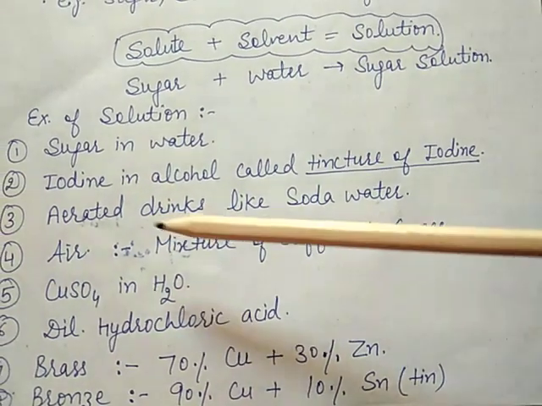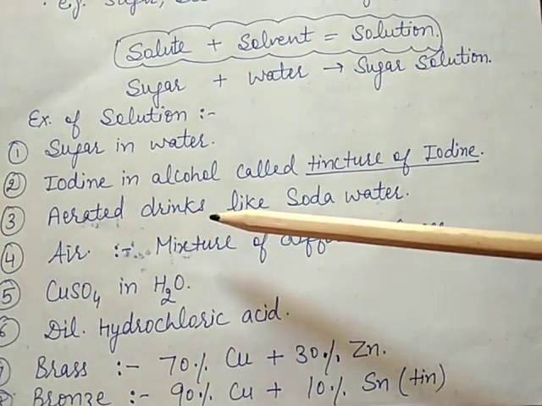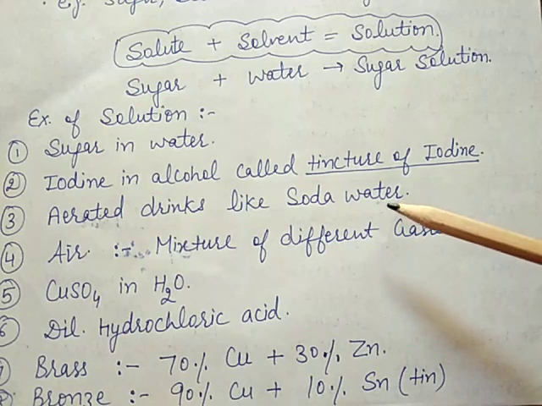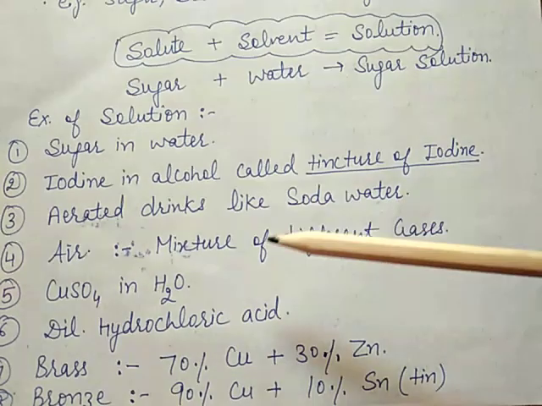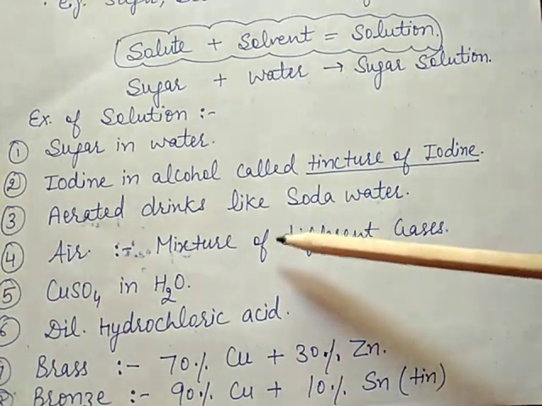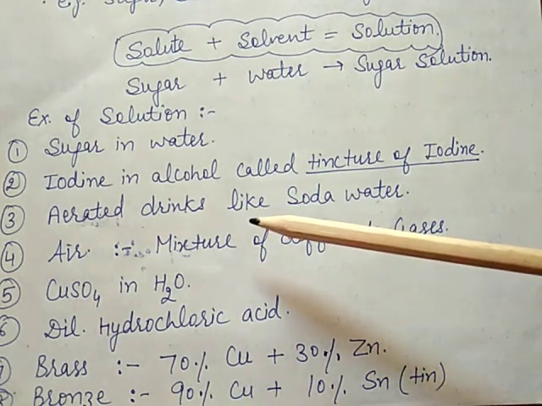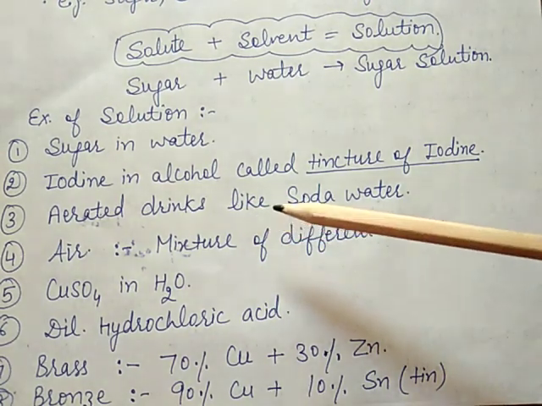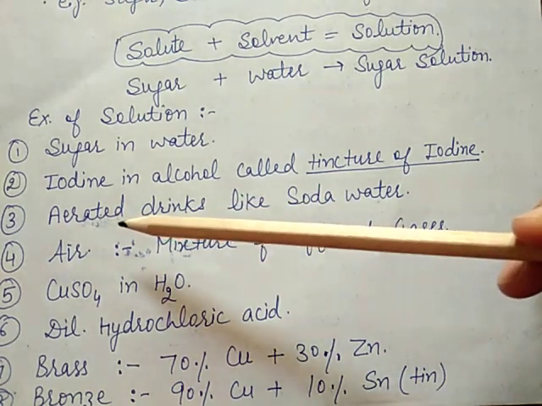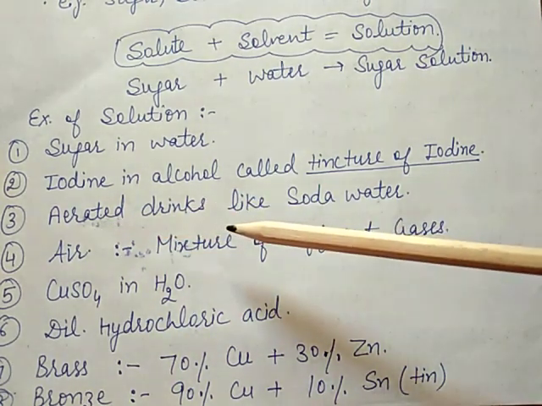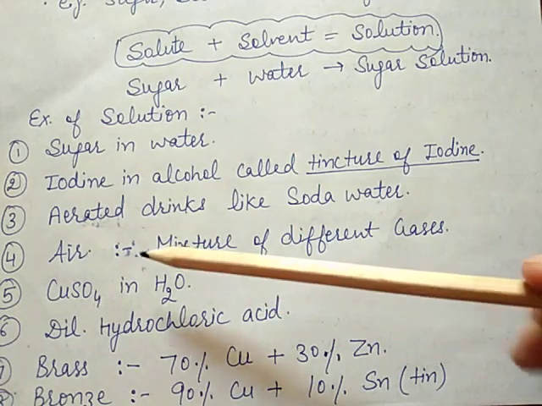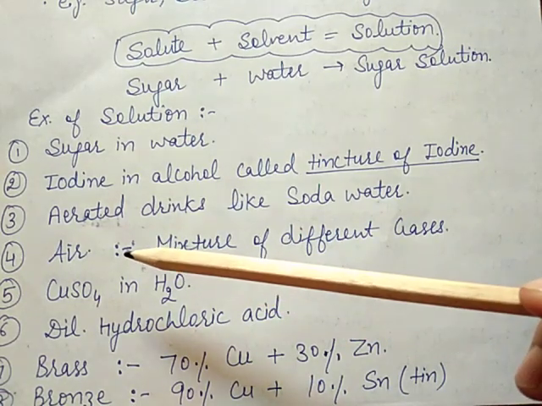Next, third, aerated drinks like soda water. In this, carbon dioxide is dissolved in water under pressure, and it is an example of gas in liquid solution. Next, fourth is air.